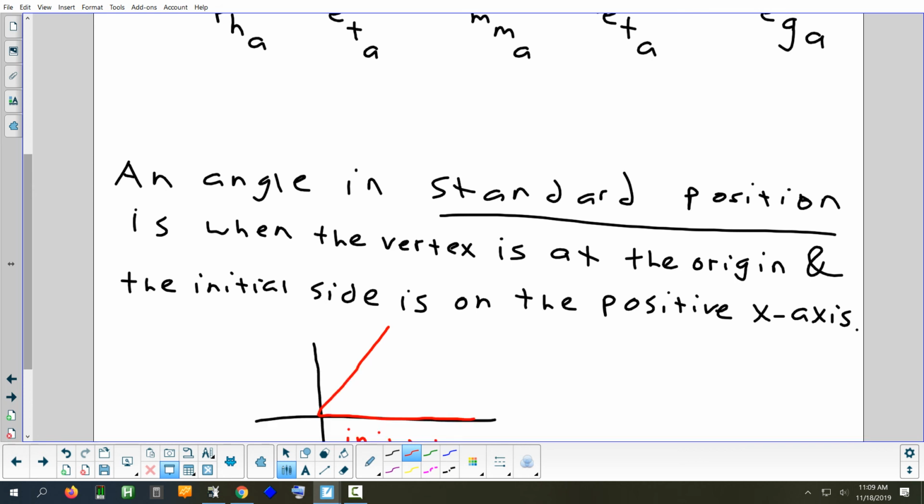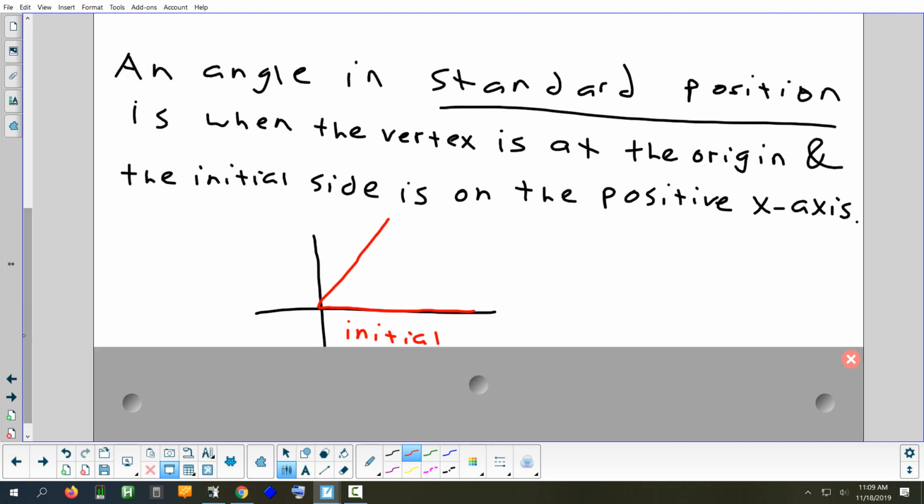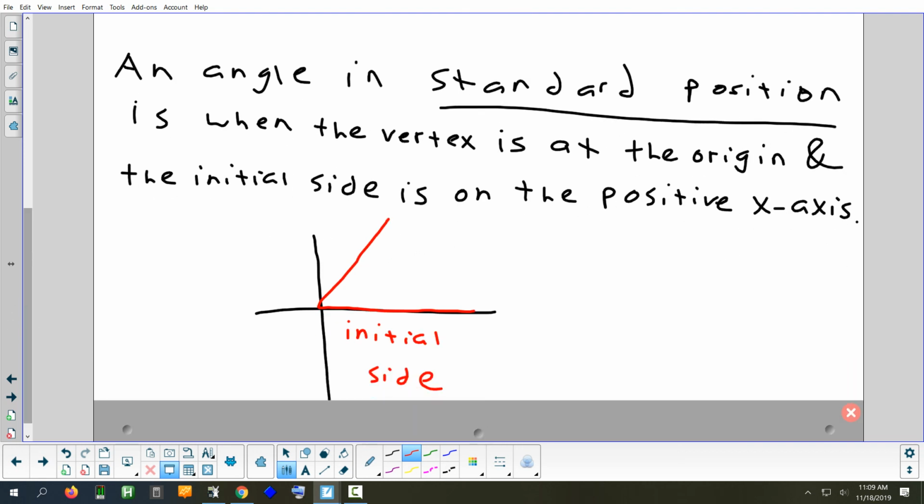Two, the initial side is on the positive x-axis. By drawing an angle like that, standard position, it takes the guesswork out of which side would be initial and terminal. I mean, it's not that hard to figure out. But now, it's even easier. Okay. So that angle in red is standard position.